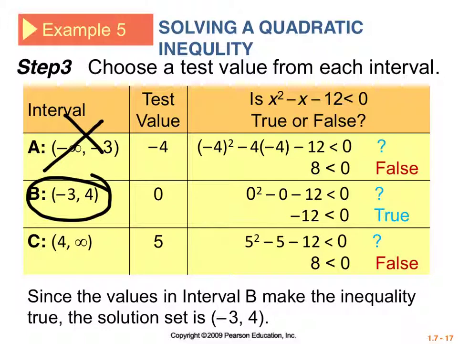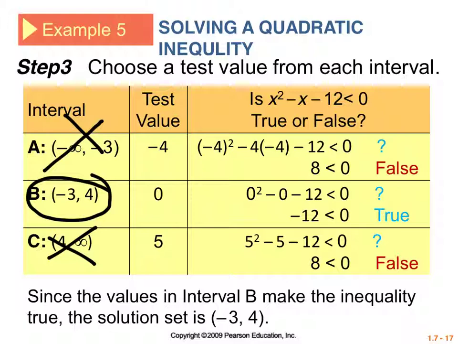And then the final interval, I test the point 5, and I get 8 is less than 0 here, which is false. And so therefore, the only solution would be the center part of my number line.